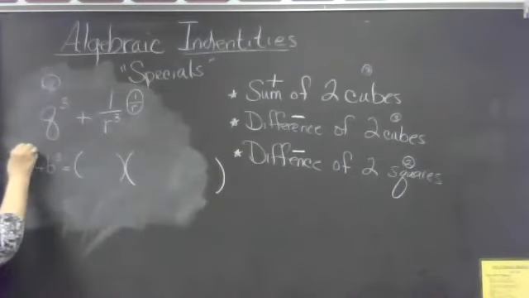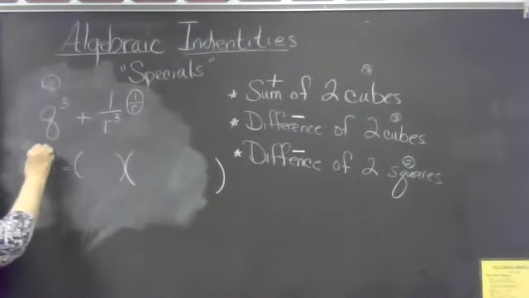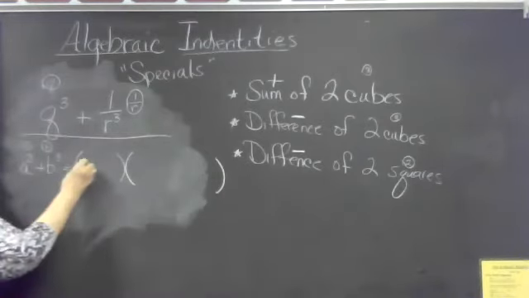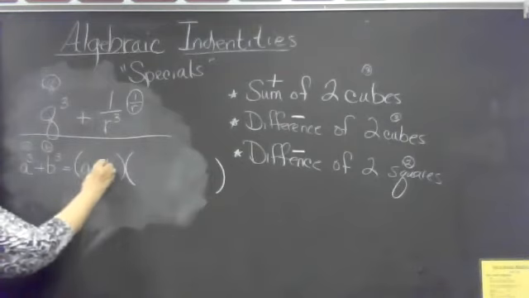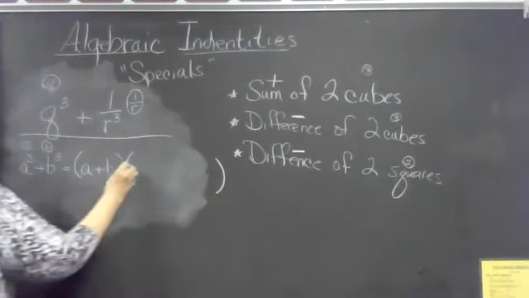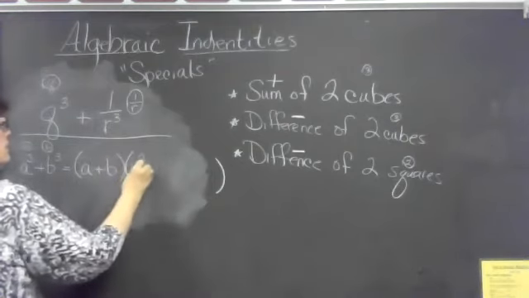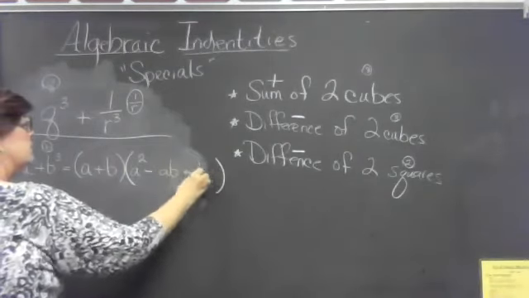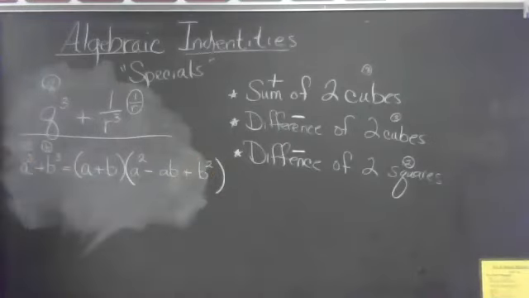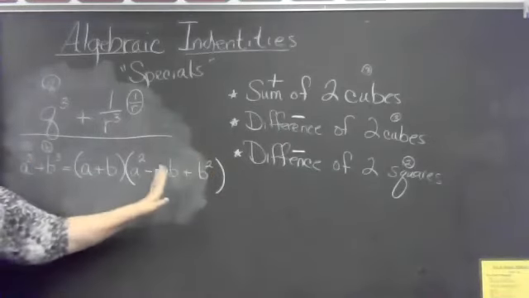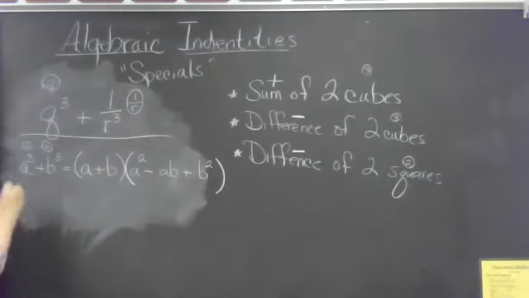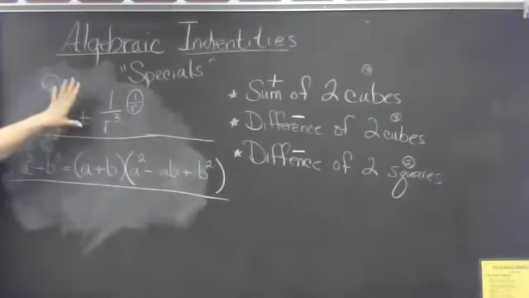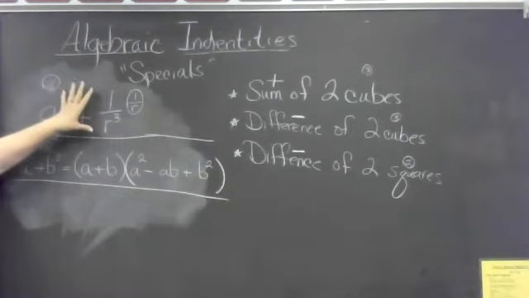This was A, and this is B. So what they show you in the pattern is A plus B, A squared minus AB plus B squared. So this is the pattern on your reference sheet. So we're going to follow this pattern to work out our factoring.